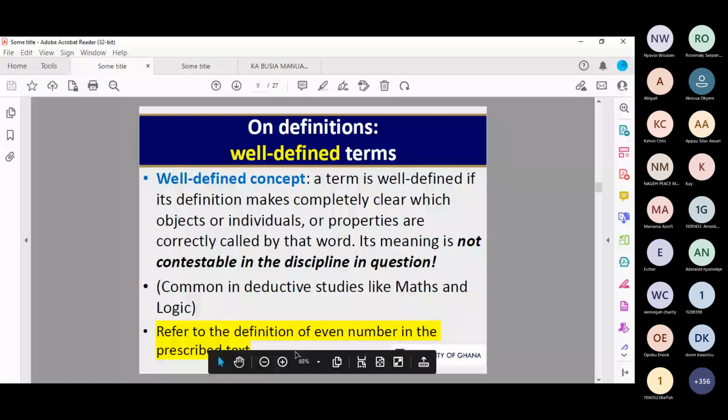Very good. Now, in the discipline in question, when we define that word, we wouldn't have any contestation, especially in mathematics, because the term does not allow for versions.